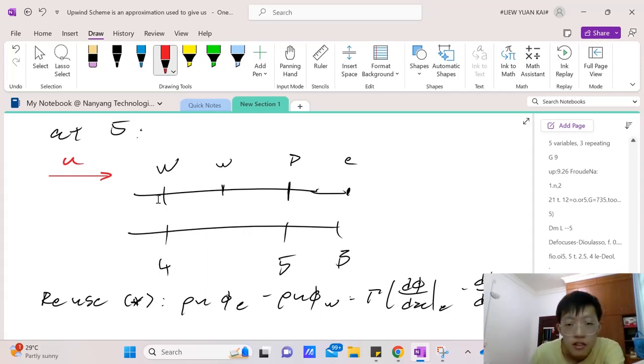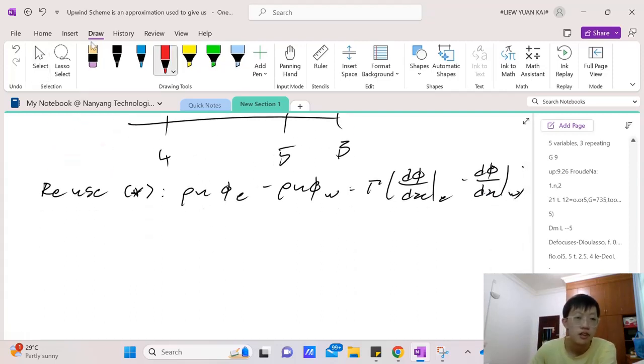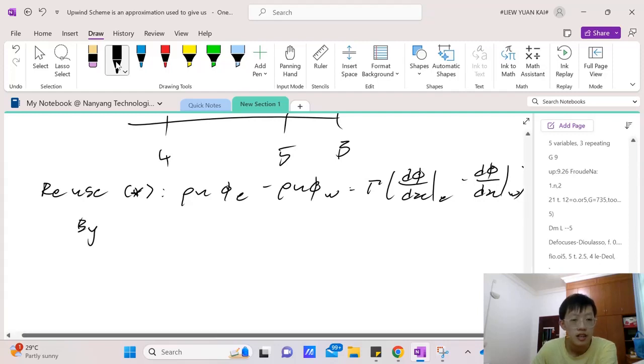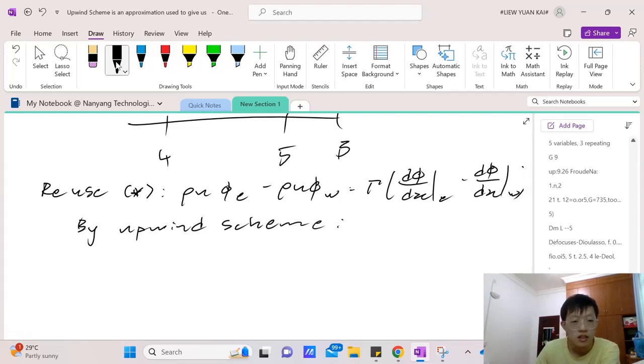The value of phi E will be from phi P. So the wind will blow phi P onto phi E. So that means by the upwind scheme, phi E will be equal to phi P.